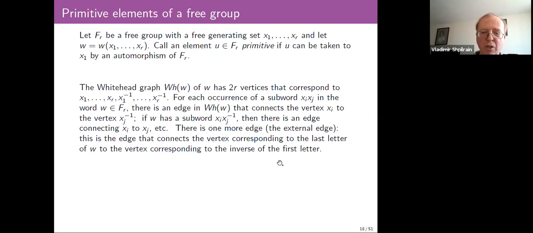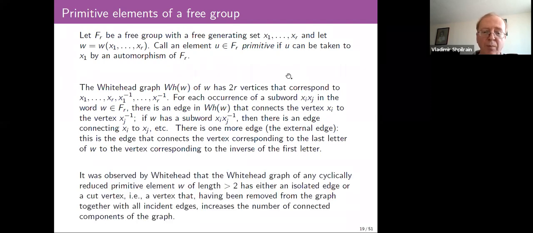And there is one more edge, the external edge, that connects the vertex corresponding to the last letter to the vertex corresponding to the inverse of the first letter. That's the Whitehead graph. Whitehead himself observed that the Whitehead graph of any cyclically reduced primitive element W of length at least 3 has either an isolated edge or a cut vertex.